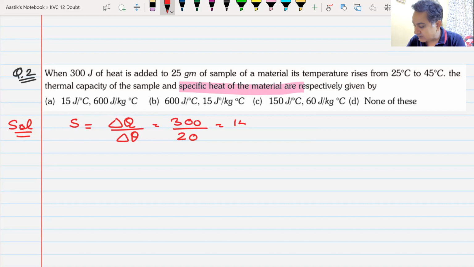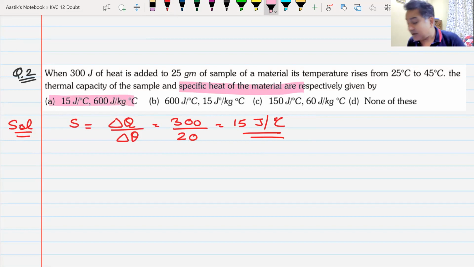As soon as I get this answer, I don't need to go any further, because I look at the options and the only option that matches is option A. If there were other options matching the first one, then I could have calculated C, which is S divided by M. Remember, M is in grams, so we have to convert it into SI unit.